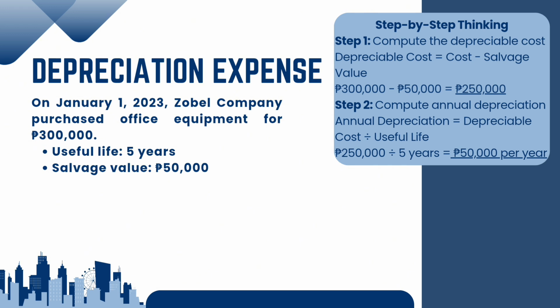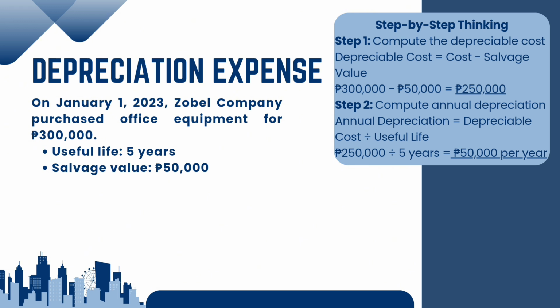So the formula is depreciable cost equals cost minus salvage value. We have 300,000 pesos minus 50,000 pesos equals 250,000 pesos. 250,000 pesos is the total amount that will be expensed over the equipment's life.